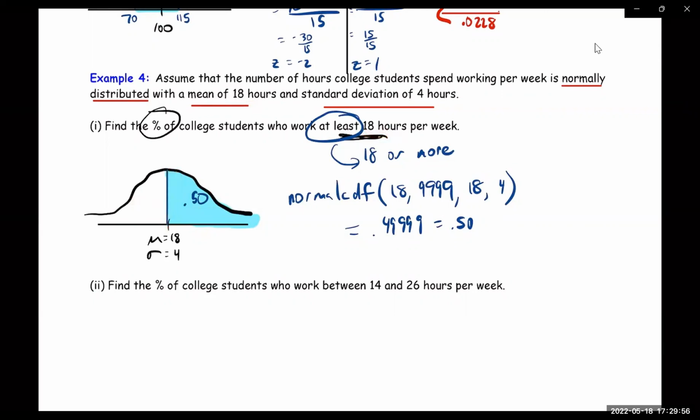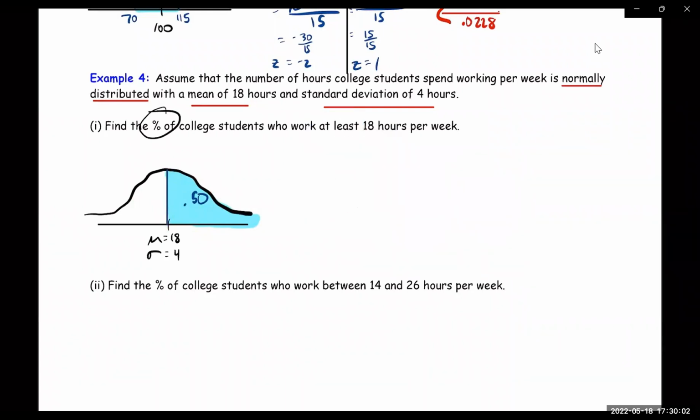All right, if you don't have a calculator, then let's use a formula. Here's the formula: Z equals X minus the mean over the standard deviation. The data value is 18. The mean is also 18.